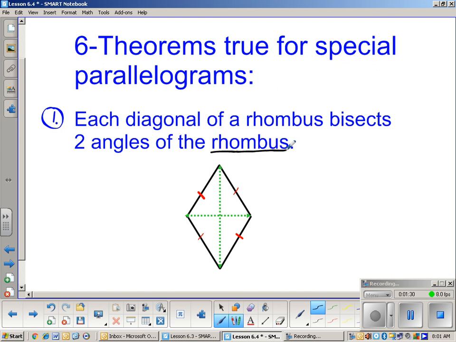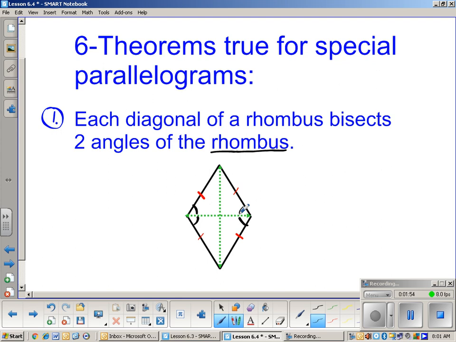A rhombus, right? So this is a rhombus. And so this is saying if we draw in the diagonals to this rhombus, it's going to bisect the angles. And so that means those angles are going to be equal. Okay? It also, all 4 of those are going to be equal.